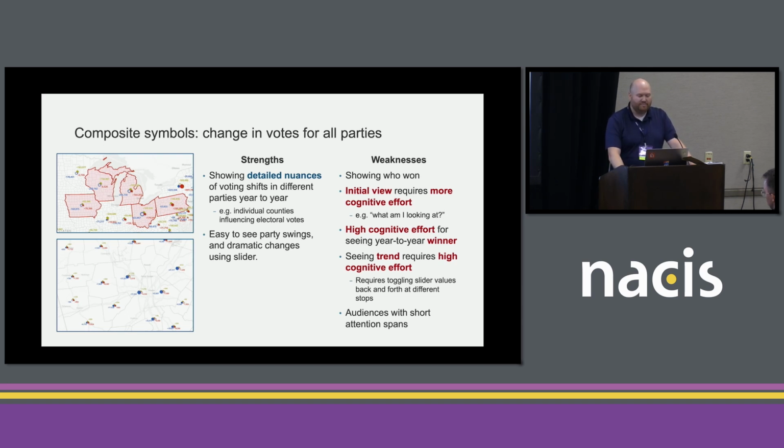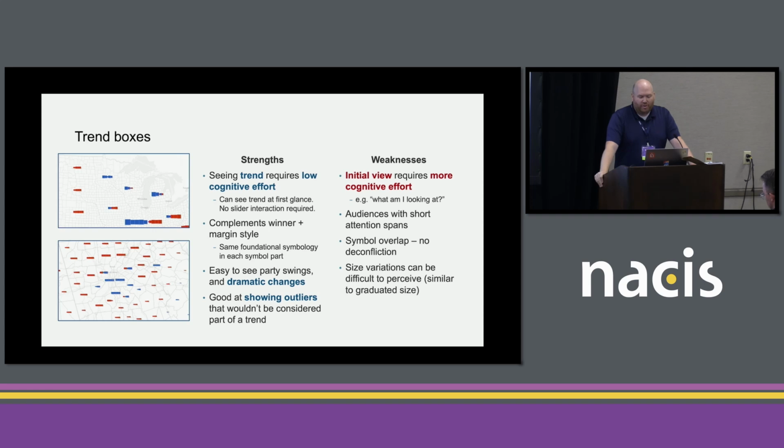in 2016, for example. And with the trend boxes here, seeing the trend itself requires low cognitive effort, though at initial view, people are going to immediately ask, what am I looking at? I'm not quite sure what that is. So there is some effort up front to read the legend, look at the examples and figure it out.